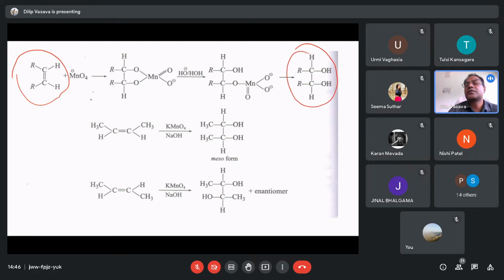We are just observing the color change of the KMnO4 while adding it to the unsaturated compound. In that case, the violet color of the KMnO4 changes to brown. That is why we observe that the given compound is an unsaturated compound.